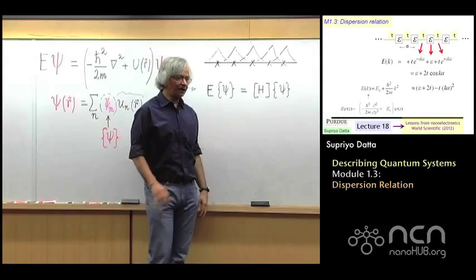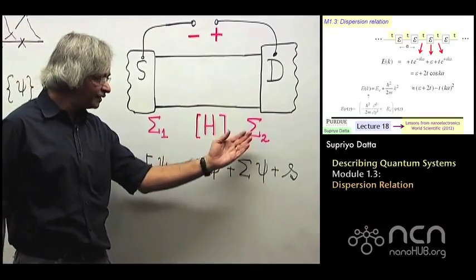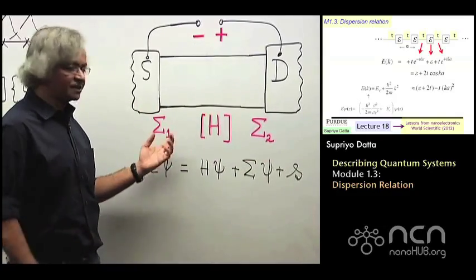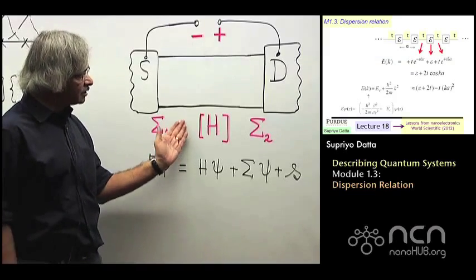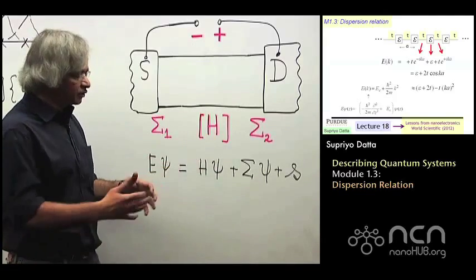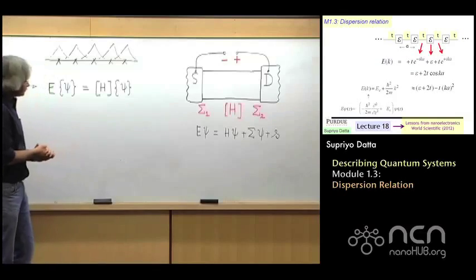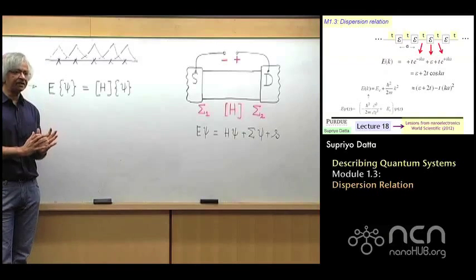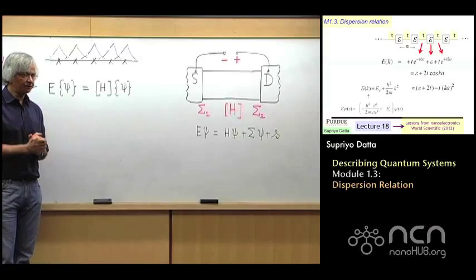And this current flow involves the H and then this connection to the contacts and all these non-equilibrium aspects that we really want to talk about starting next week. In this week, what I'm trying to do is describe relatively simple models for H that we can use for all the problems we want to talk about. The method we'll talk about, however, is perfectly general. So if you wanted to use a more sophisticated form for the H, that's fine. The rest of the method applies to any H.